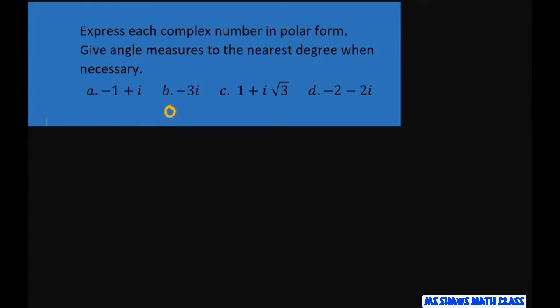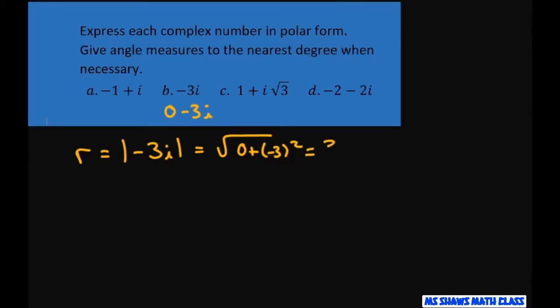So in this case, this is like 0 minus 3i. To get r, we're just going to take the absolute value of -3i, which equals the square root of 0 plus -3 squared, which just equals 3. And if you look at the graph here, sometimes it's easier. -3i, or 0 minus 3i, is 1, 2, 3 on the imaginary axis.